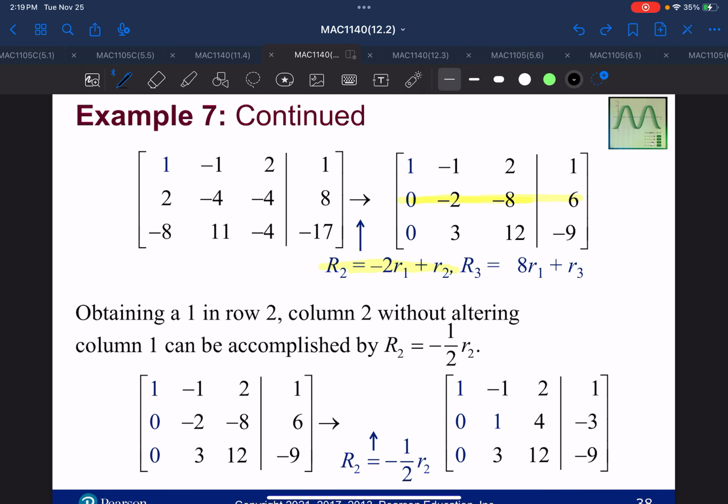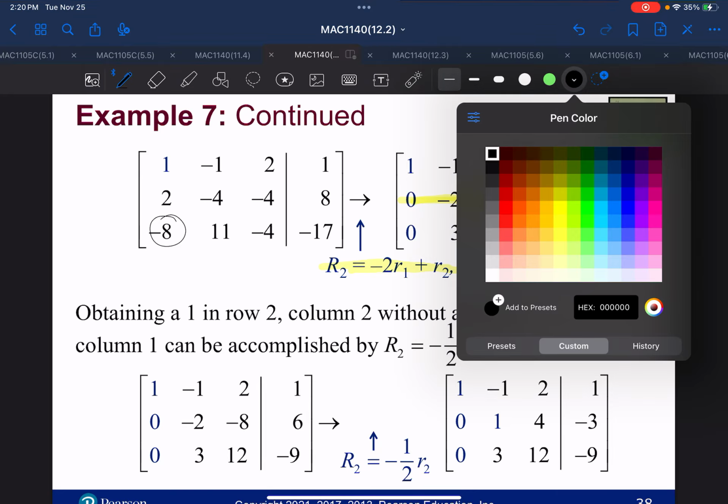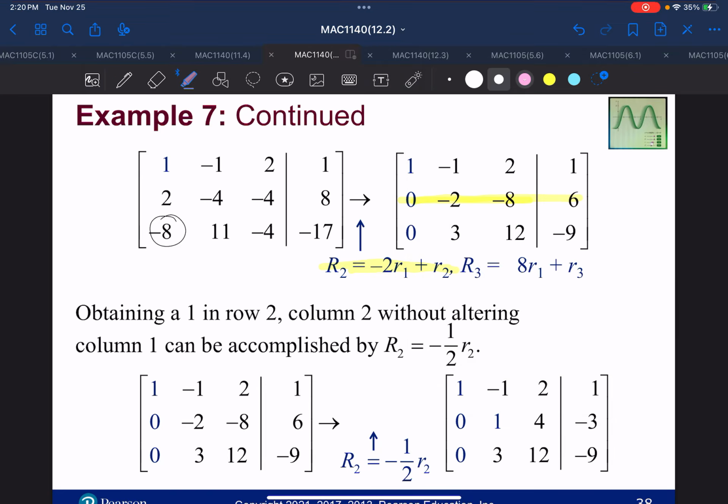Then they actually do 2 steps within this row. The next step they're going to do is try to get this one equal to 0 as well. So they multiply row 1 by a positive 8 and then add it to row 3 to get a new row 3.